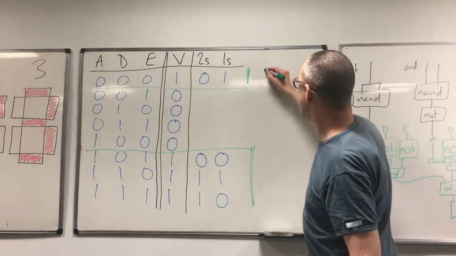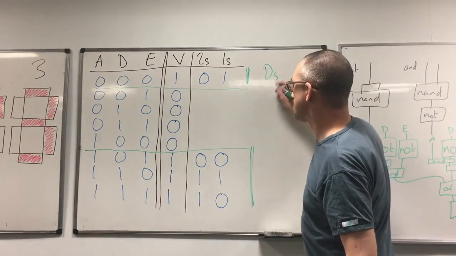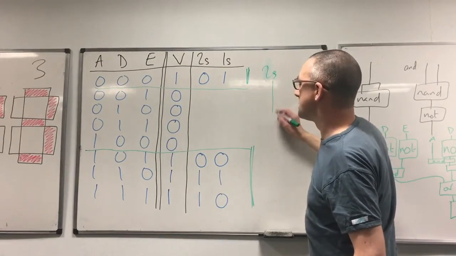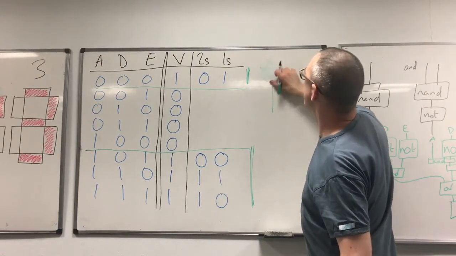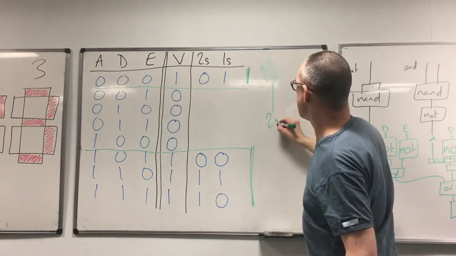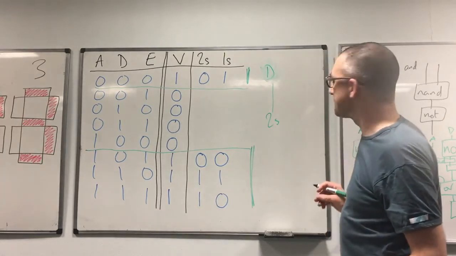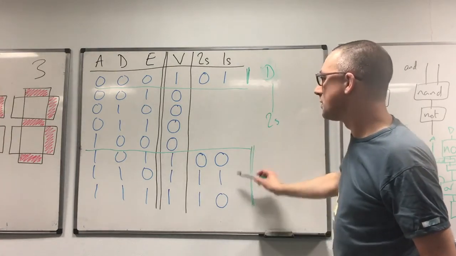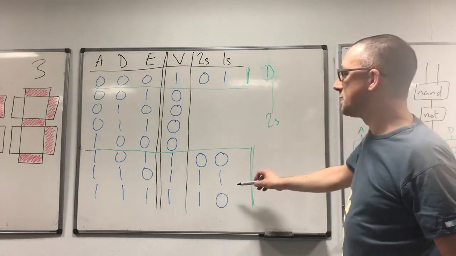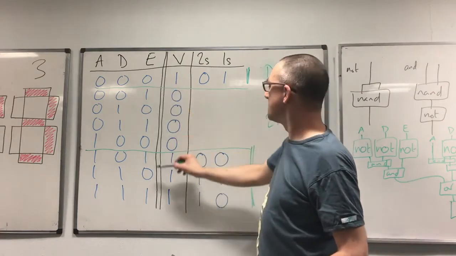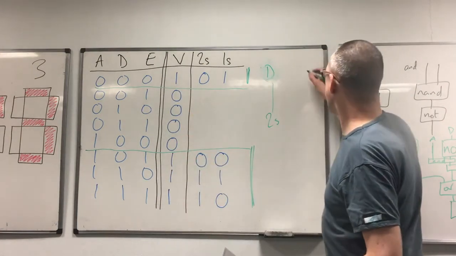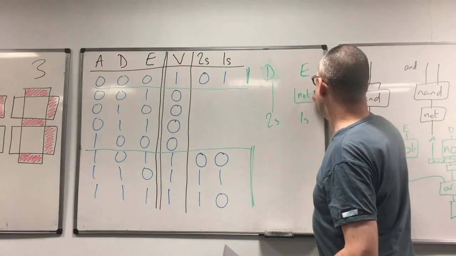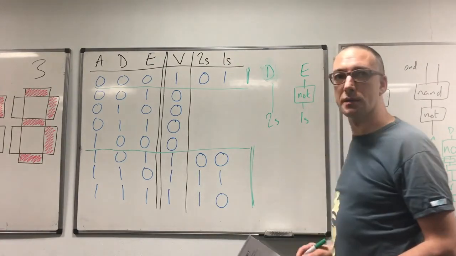So we can wire 2s directly from D. Similarly, if we look at the 1's output, we can see that 1's is always the negation of E. So we can get from E to 1's with a NOT gate, if we're managing not to be silly.